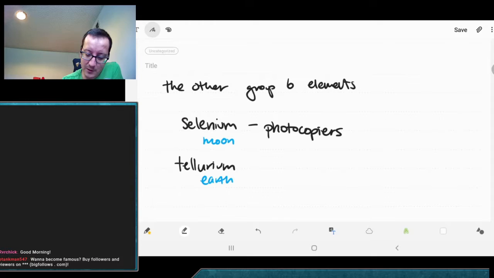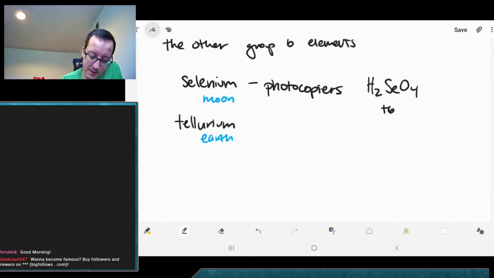They do behave the same, by the way. You can get selenic acid as opposed to sulfuric acid. It's a pretty strong acid as well. It behaves similarly. Notice we have the +6 oxidation state on selenium, just like with sulfur. So we see that oxygen will preferentially take the -2 oxidation state.